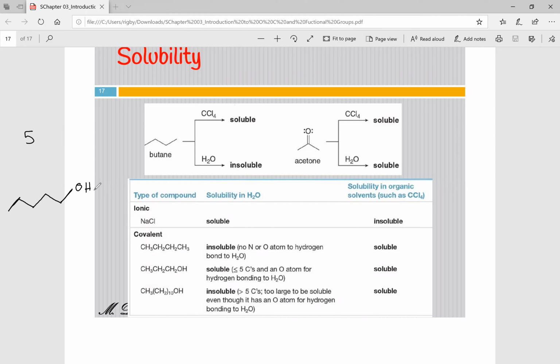So you can see here in this example, we have 1, 2, 3 carbons attached to one hydroxy group. So that means it's going to be soluble in water and soluble in an organic solvent because we have this big organic tail right here. Okay, so overall, if you're soluble in water, you are polar. If you are soluble in organic solvents, you are non-polar.